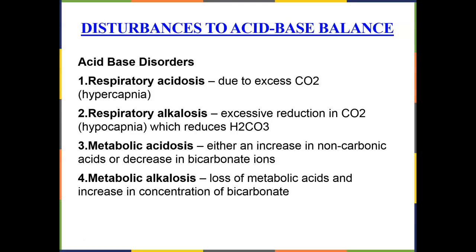Metabolic acidosis then is an increase in acid in the body or a decrease in bicarbonate ions. Typically when you think of metabolic acidosis, the first thing that most people think of is diabetes mellitus and ketoacidosis. That's a perfect example of a metabolic acidosis where you're producing keto acids in the body. So these are metabolic acids that our kidneys have to get rid of, but they're not able to.